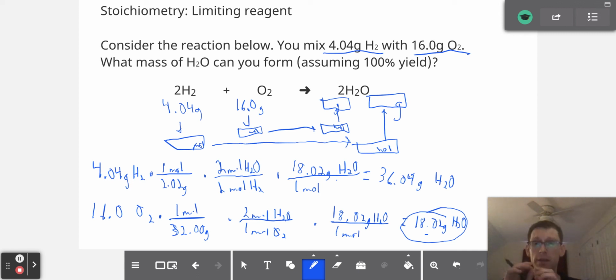But again, this is a limiting reagent problem because we are given actual amounts of both substances, and just based on that alone, you can't tell which one is going to run out first. In this case, the oxygen has run out first. We got 18 grams of water. We did not get any more because the oxygen is limiting and the hydrogen is in excess.